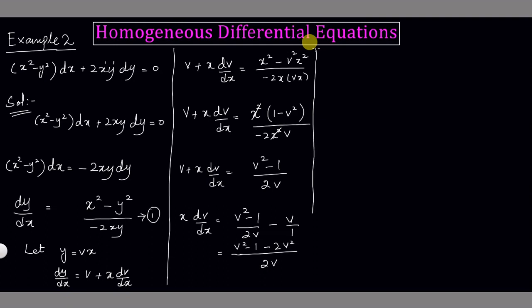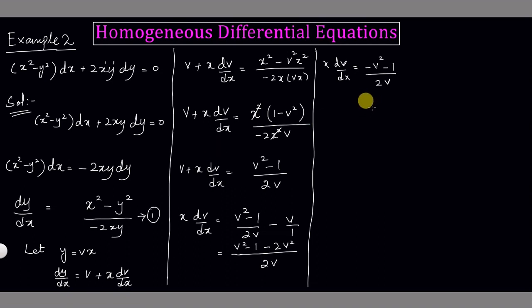So further, x dv by dx, which is equal to minus v square minus 1 divided by 2v.